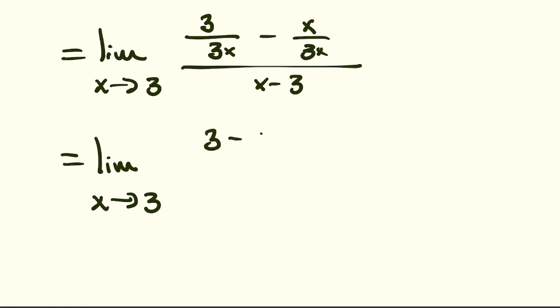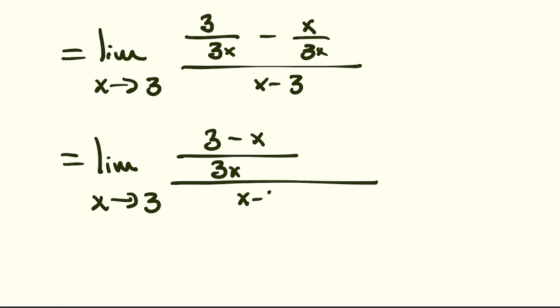That gives us 3 minus x over 3x, and we're going to divide it out by x minus 3. Now, when we're working with something like this, we're going to make a little bit of a change here. We have too many division symbols here, so I'm going to add one more just so that we see where this is going.